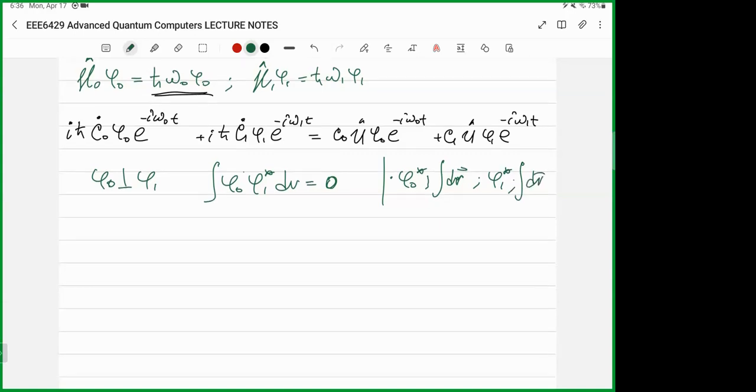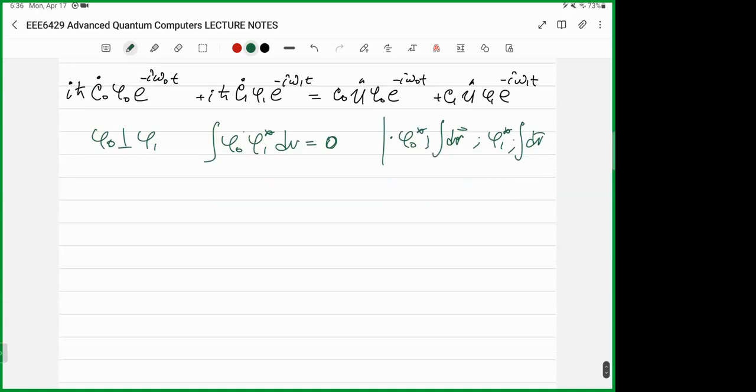So this way I will get a system of two coupled equations.